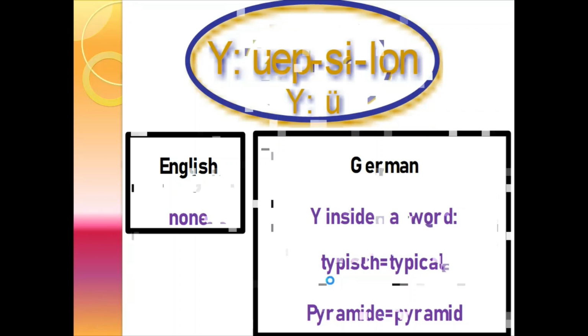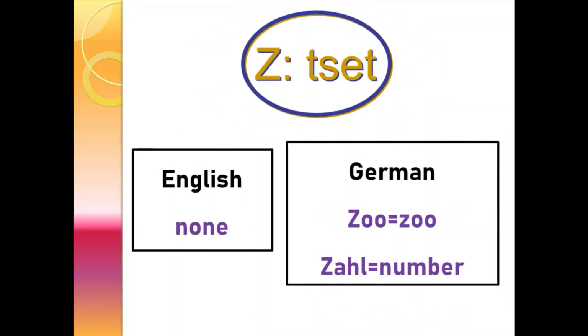Going further, the German Z sound cannot be heard in any English word, because all English words beginning with or containing the Z alphabet will have the heavier Z sound.